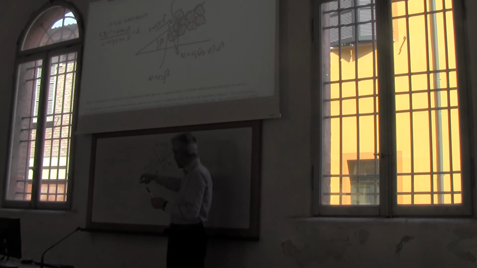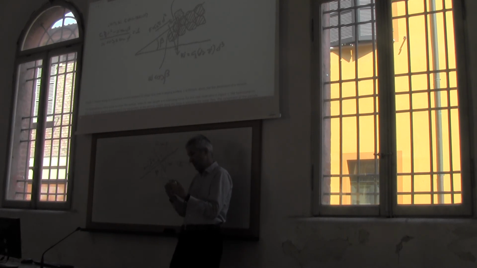When the action of F is exactly the same as the component of the weight parallel to the slope plus the friction of the boulder over the groin, then we are at the limiting stability, as we say.